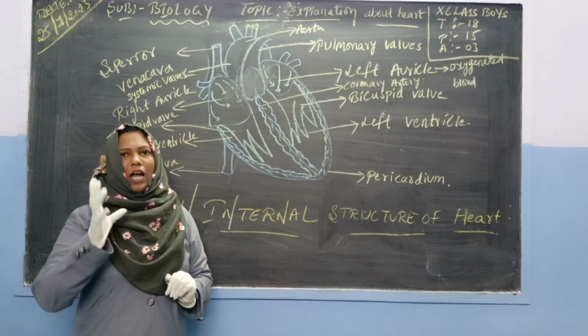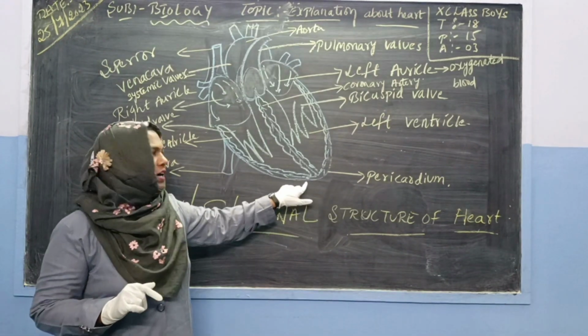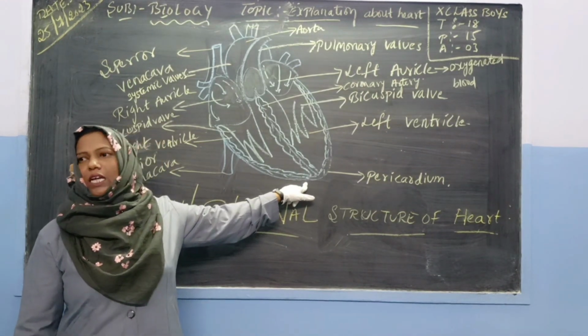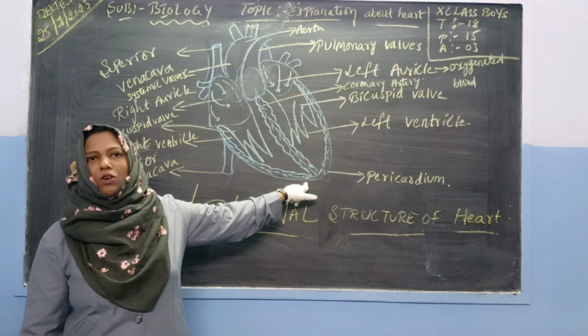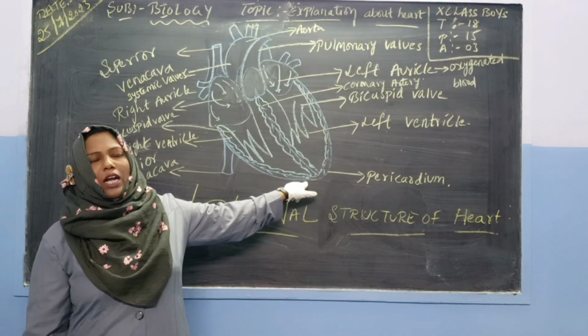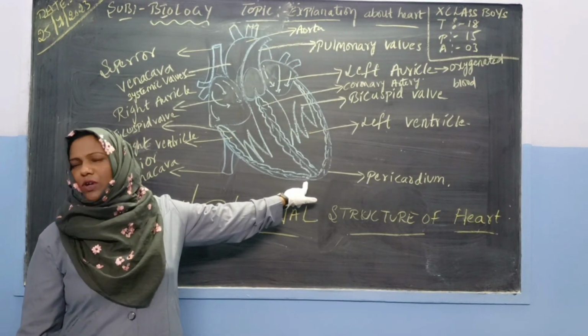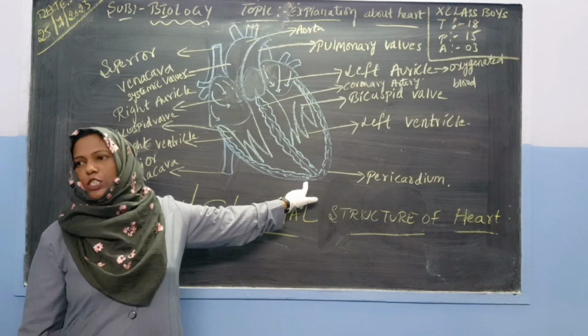When you see the heart, the external part has a thin covering called the pericardium. It helps to absorb external shocks and will not allow the heart to get spoiled.